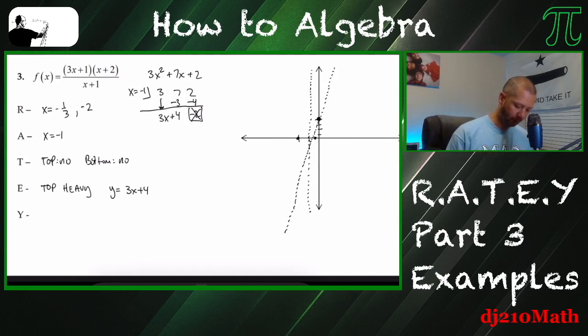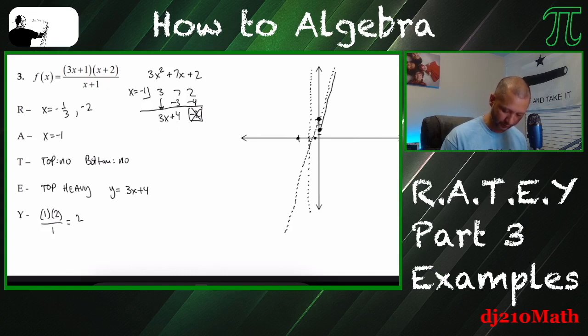Okay, the y-intercept is going to be when x is 0. So 1 times 2 over 1, which is basically 2. So when y is 2, that's where the graph is going to cross. So this looks crazy. So the arrow, the end, has to be close to the asymptote.